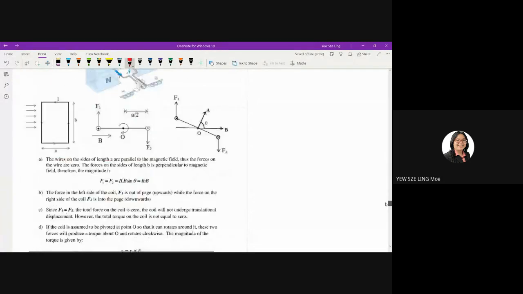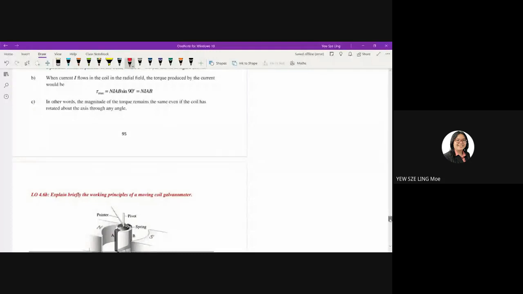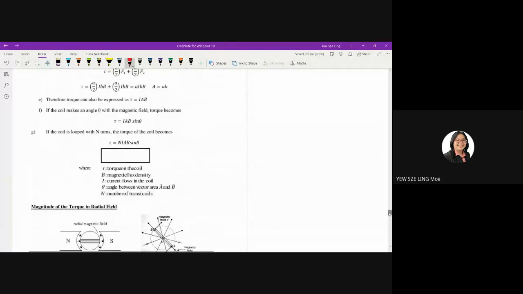All right, we have four more pages, but I will give you the equation first. The equation for this one, again, has two forms.